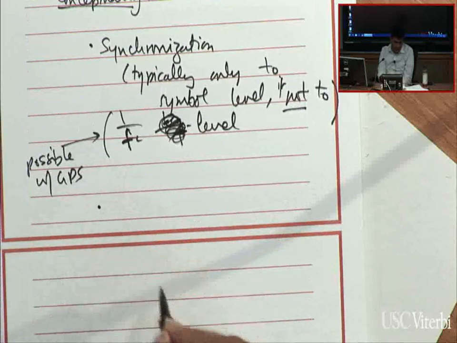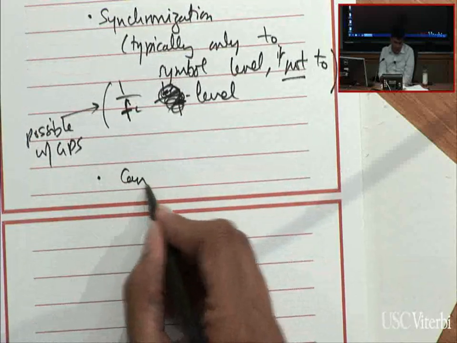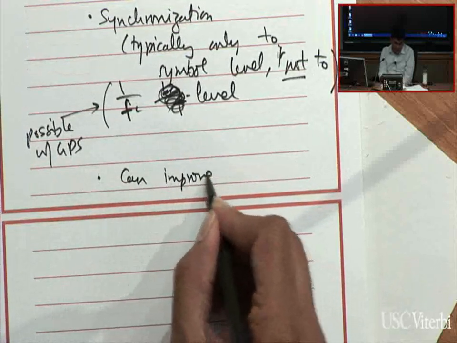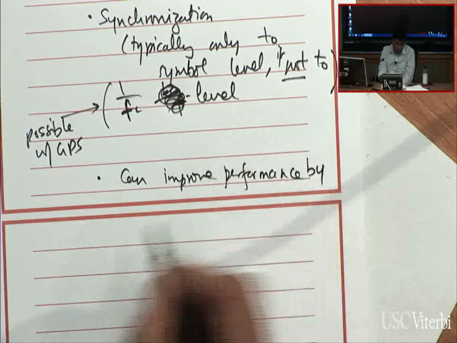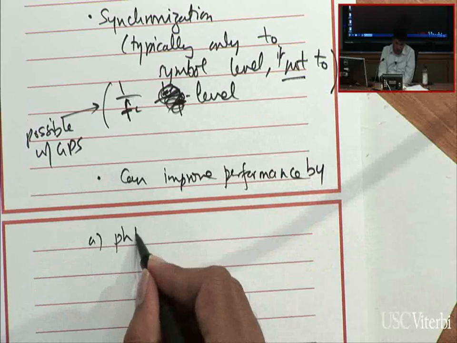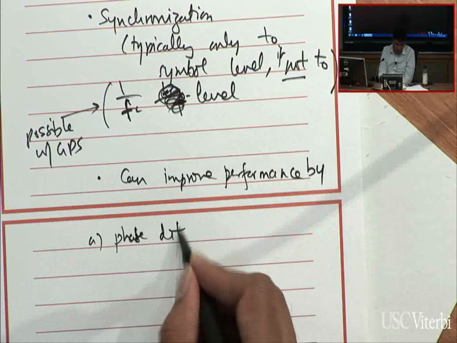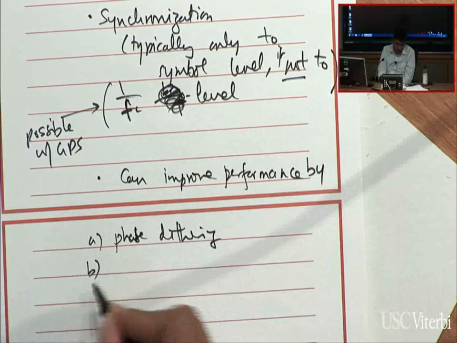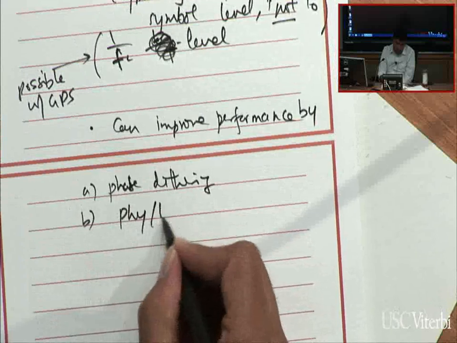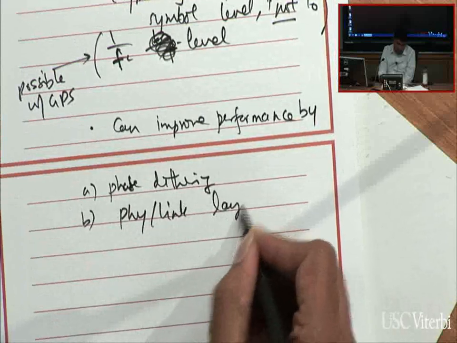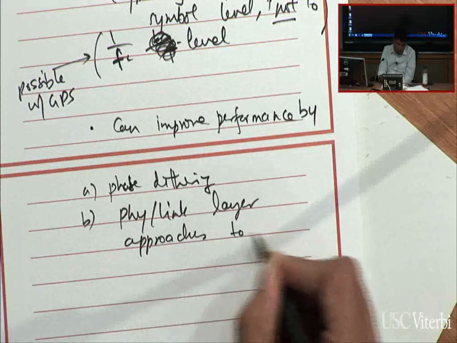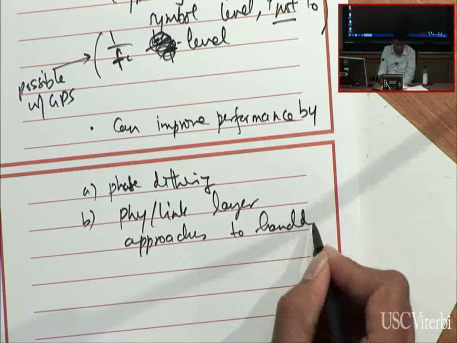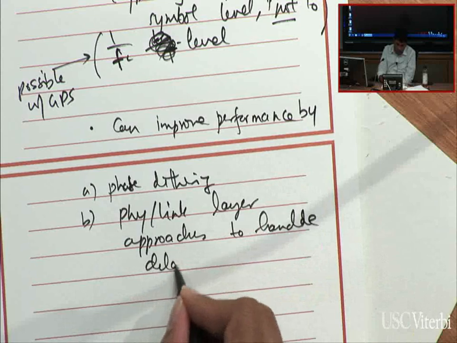And the second is can improve performance by A, phase dithering, and B, PHY/link layer approaches to handle, let's say, delay spreads.